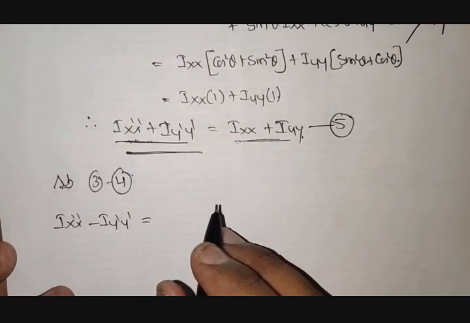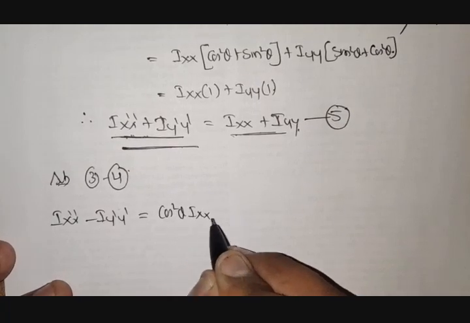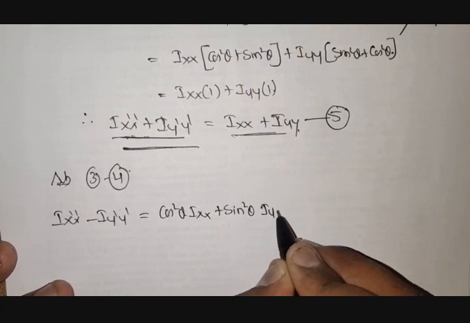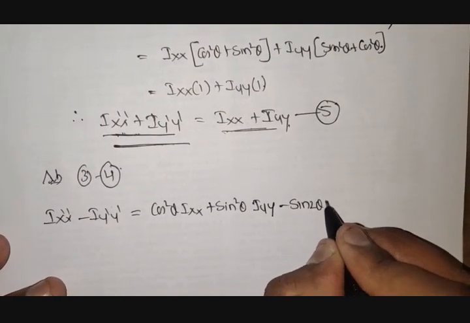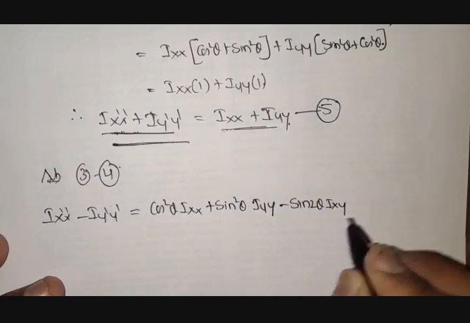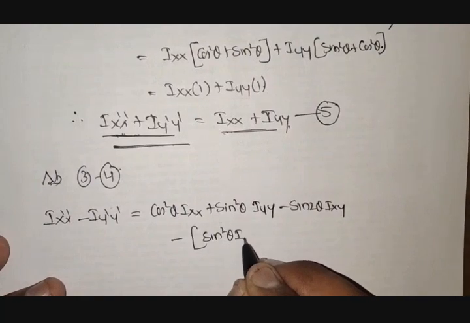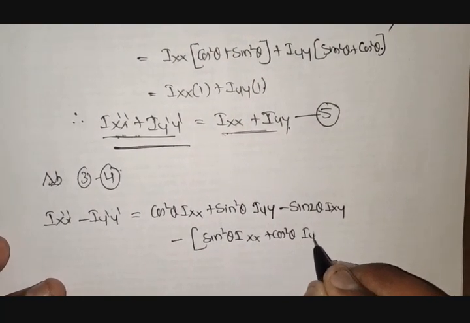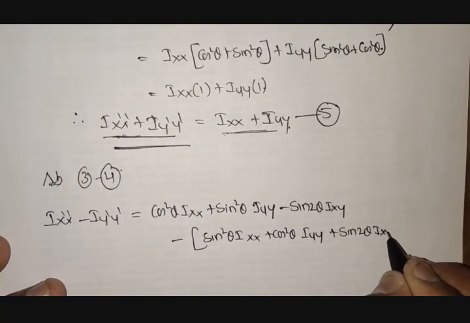So it can be written as cos square theta into Ixx plus sin square theta into Iyy minus sin 2 theta into Ixy, minus of sin square theta into Ixx plus cos square theta into Iyy plus sin 2 theta into Ixy.